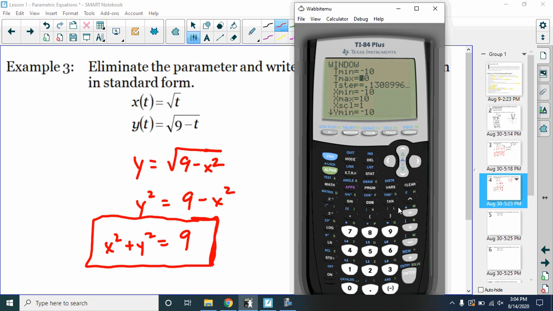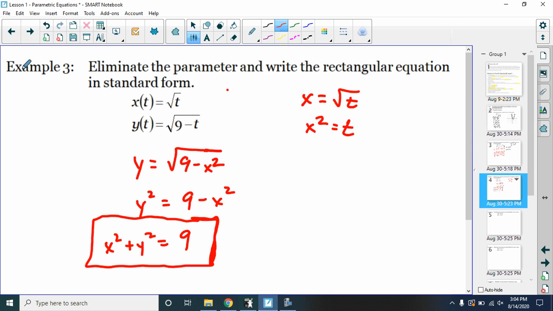Maybe not. Well, we're getting part of a circle at least. I'm not sure why it's not drawing the whole thing. I'll take a look at that, get back to you.